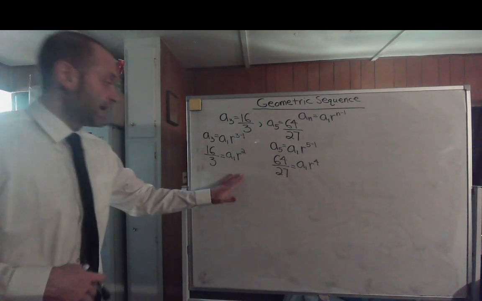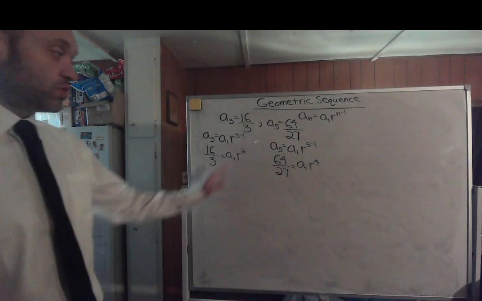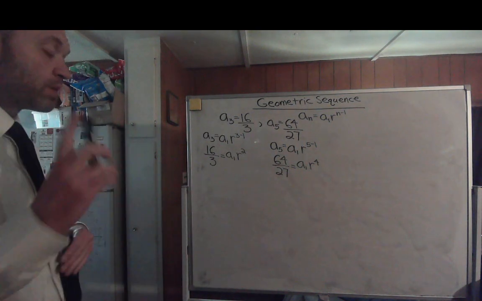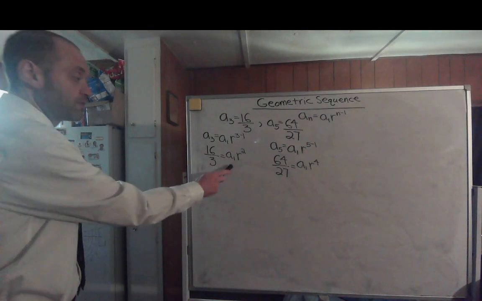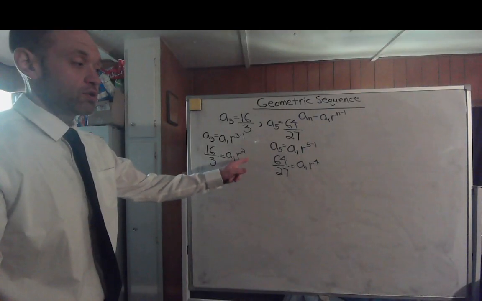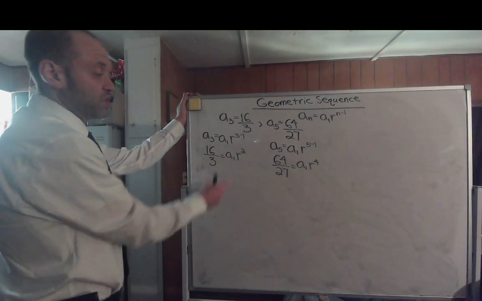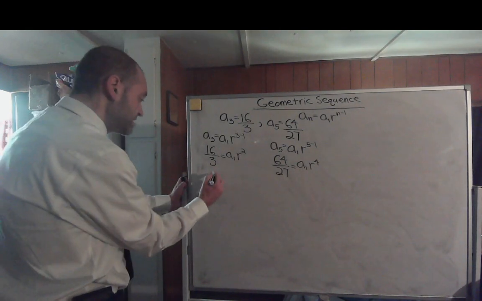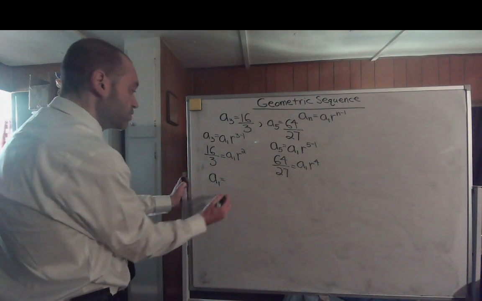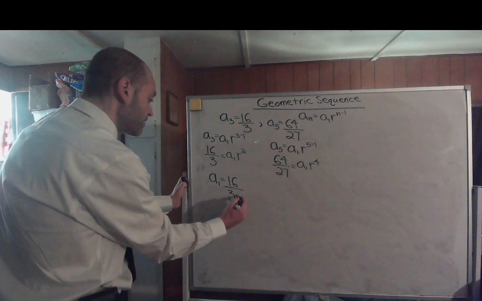So now we have two formulas where we don't know a sub 1 or the ratio, but what I would highly suggest is we solve for a sub 1 with the smaller r. Take the smaller power of r and solve for a sub 1. So that means a sub 1 would equal 16 over 3r squared.